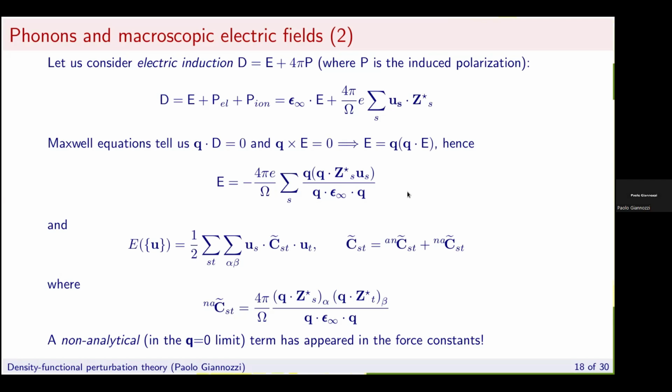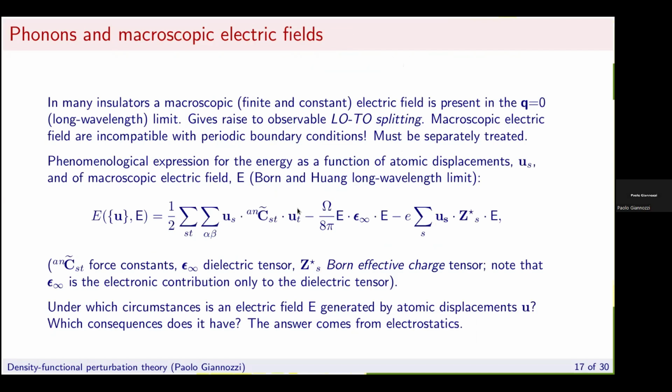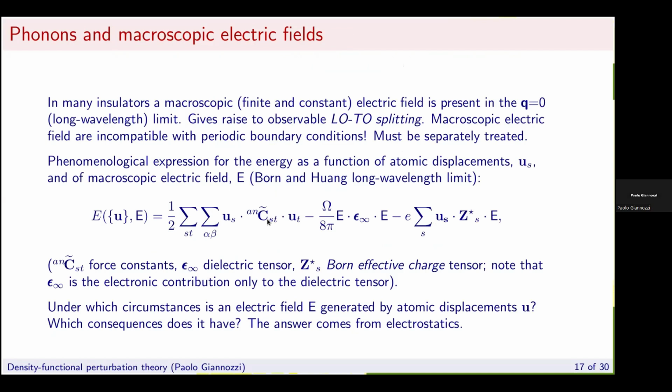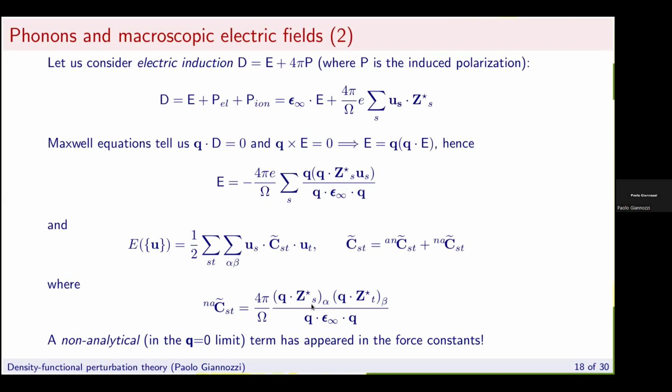By some manipulation of the previous expression of the energy as a function of atomic displacement, one puts the electric field back here and gets that, in terms of the atomic displacement only, the energy is quadratic, but the matrix of the quadratic form contains, in addition to the analytic term that appears here, which is what we compute if we don't take into account the microscopic electric fields, an additional term that has a non-analytic behavior, meaning that it may go to different values for the zero wave vector limit.